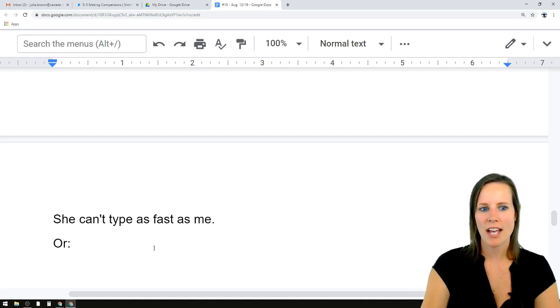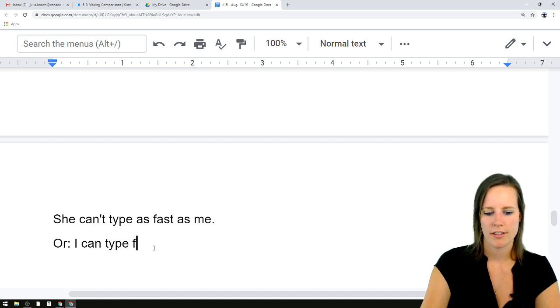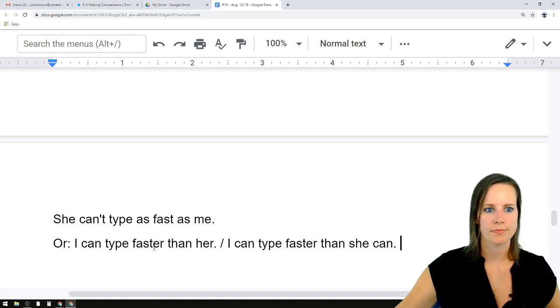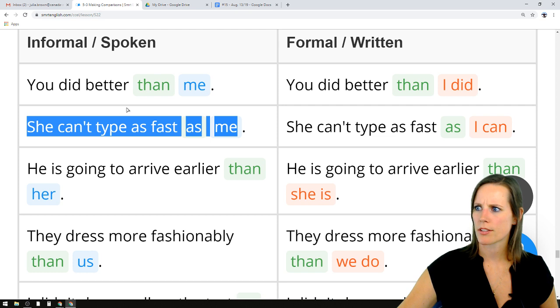I can type faster than her. Perfect. I can type faster than her, or I can type faster than she can. Good.